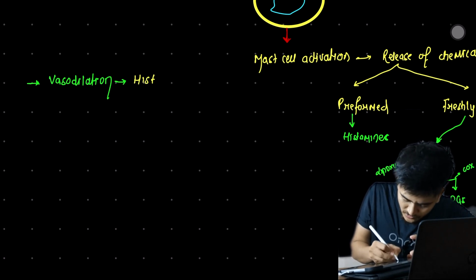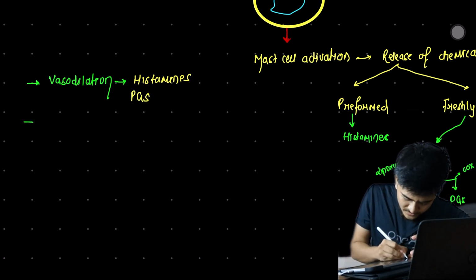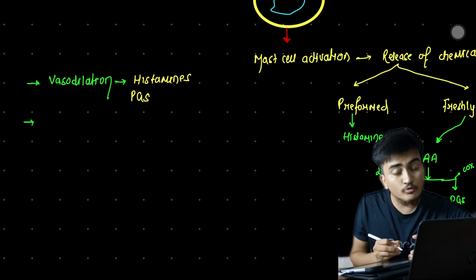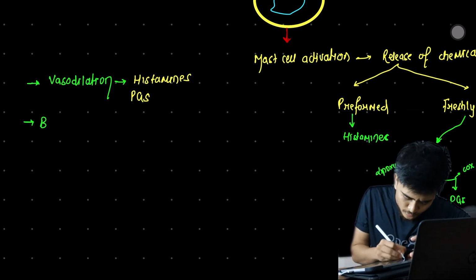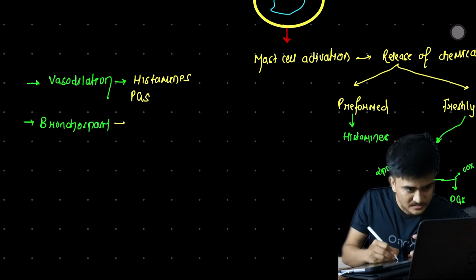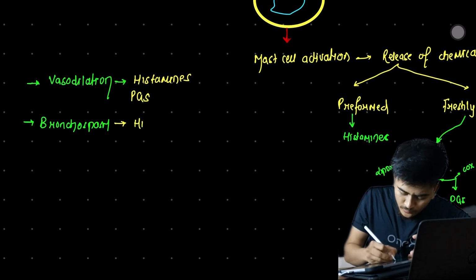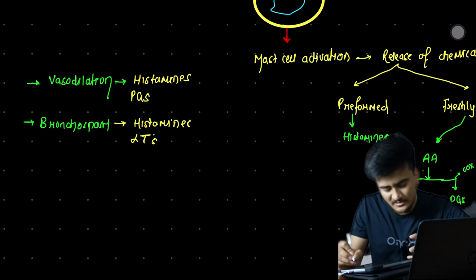Another complication is bronchospasm, a respiratory problem in the lungs. This bronchospasm will be caused by histamines, and we'll find that it is also caused by leukotrienes.